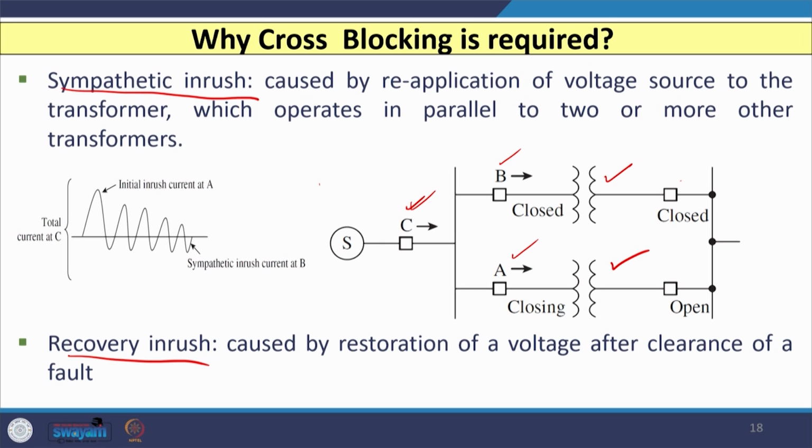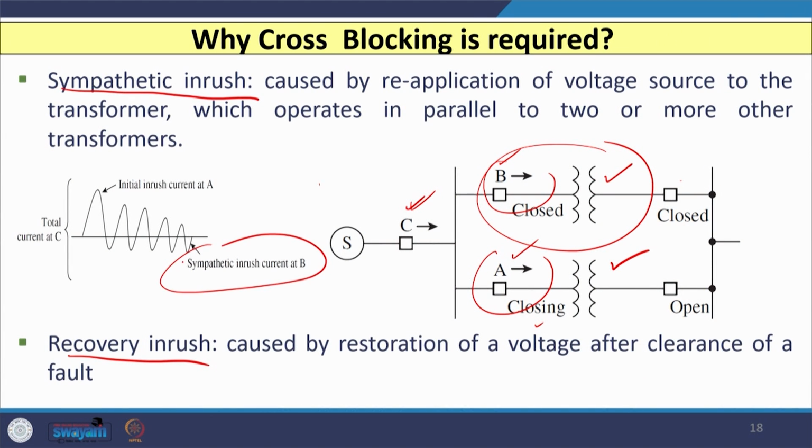And you can see that whenever, let us say, this transformer is already there inside the circuit and you are trying to energize another parallel connected transformer. So, when you try to energize it, obviously this is going to have the inrush current, but the other transformer which is already there is also going to see the inrush current, and that is nothing but the sympathetic type inrush current.